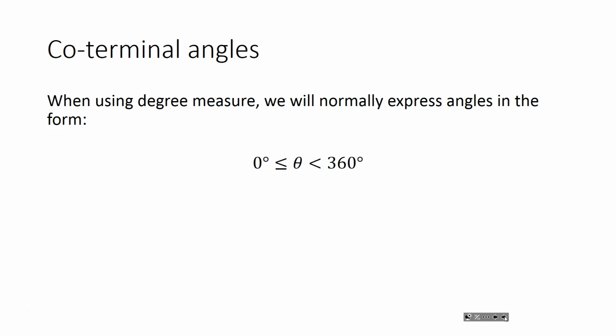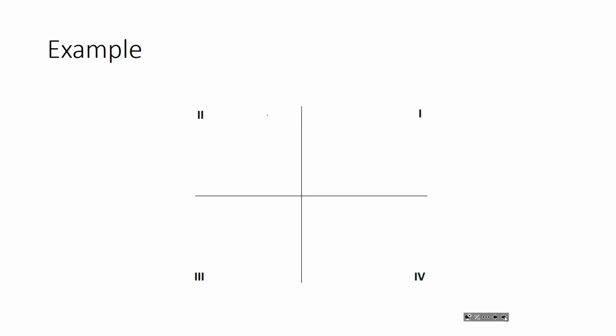Now let me show you how we'll do this in practice. So for my next example, I'm going to start with an angle of negative 350 degrees. Alright, so we have our initial side on the x-axis. It's a negative angle, so we go down instead of up. That is, we go clockwise.